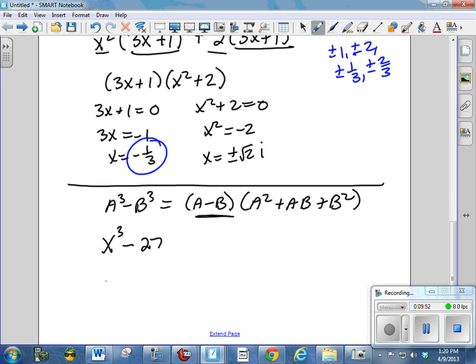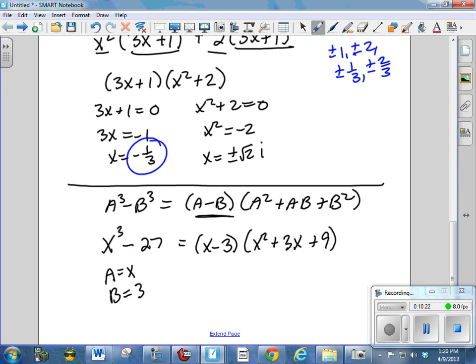Well, my a in this case would be x and my b would be 3. And so I could factor this into x minus 3 times, and if you don't remember the other part, at least you know that it has a 0. One of its zeros is 3, and you could use synthetic division to find the rest of it. But the rest of it would be x squared plus 3x plus 9. Okay, so that's another.